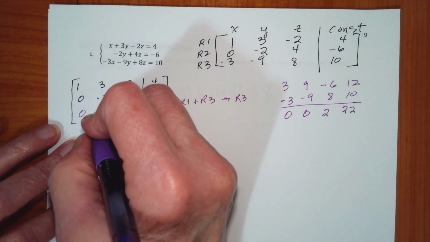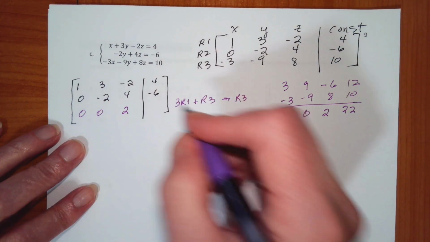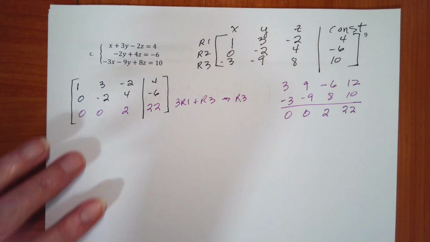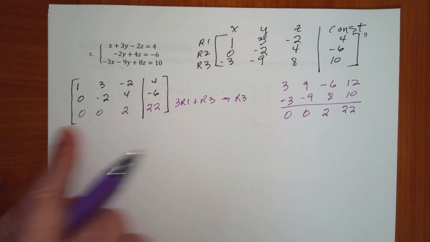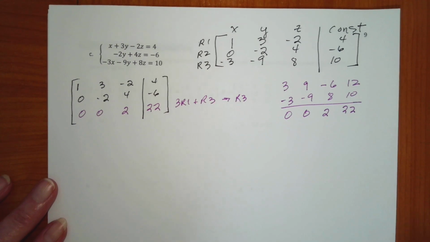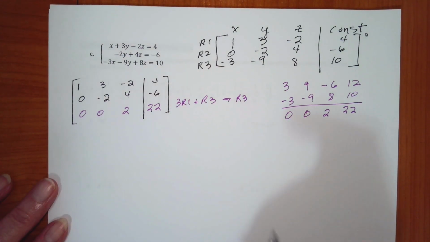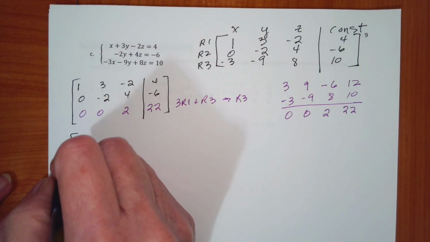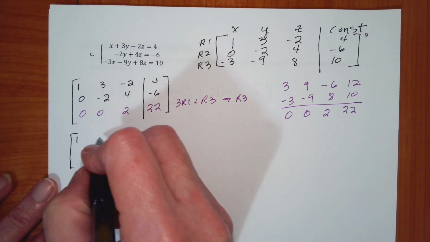So this is exactly like I wanted as well. Now the only thing I need to do here is get a 1 here. The other rows remain the same.